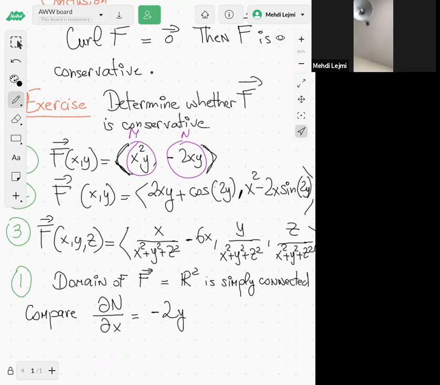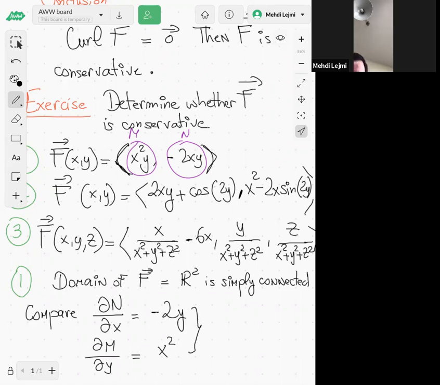And for the derivative of M with respect to y, you assume x as a constant. So the x squared is going to be constant. So the derivative of x squared times y is like the derivative of some constant times y, so that will be equal to the constant, which is x squared. Now, if you compare these two functions, of course, they are different in general.